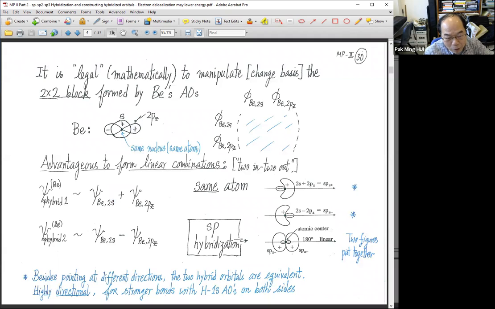So this side will have bigger wave function. The other side, you have plus from S, but you have a minus lobe, this part, okay, coming from the P. Therefore, the net will be smaller, okay?